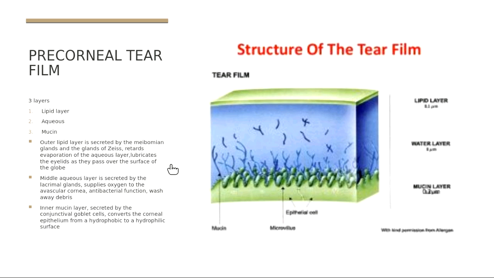The middle aqueous layer is secreted by the lacrimal glands. And then you have an inner mucin layer, which is generally secreted by the conjunctival goblet cells.